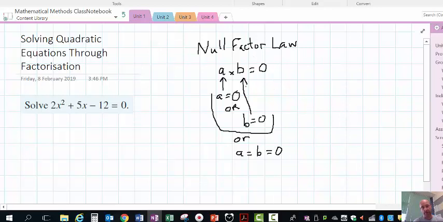And that's the only way you're going to get 0. So that's called the null factor law, and we're going to employ that with factorising quadratics.